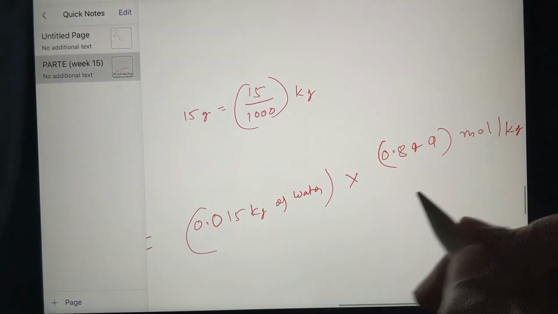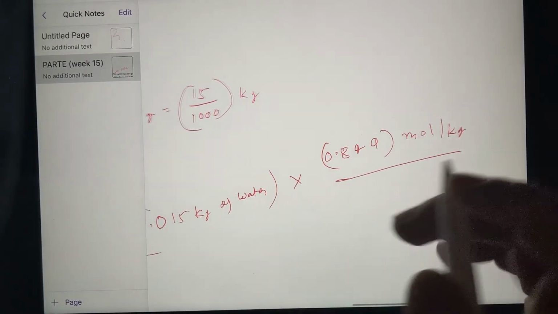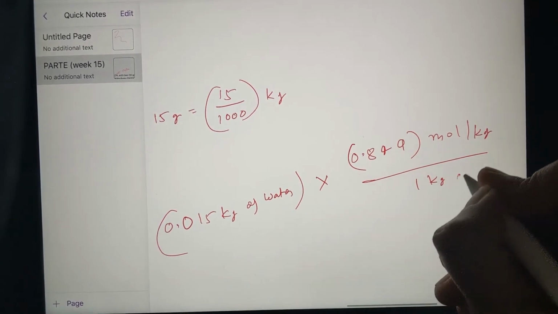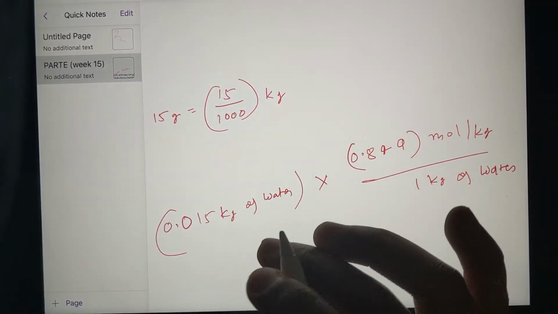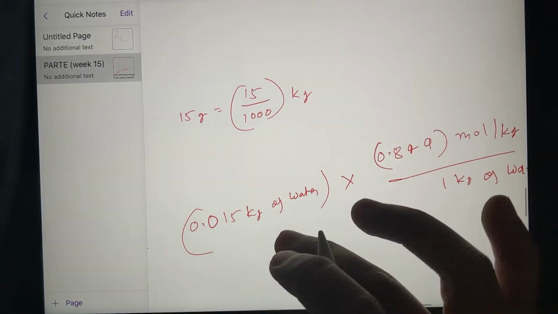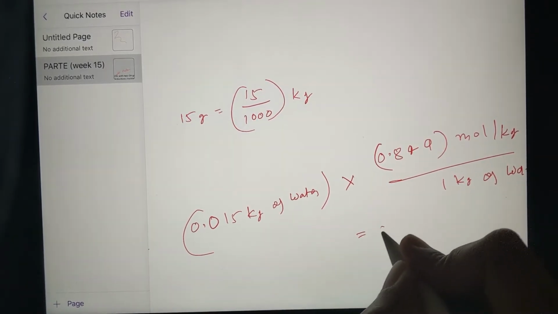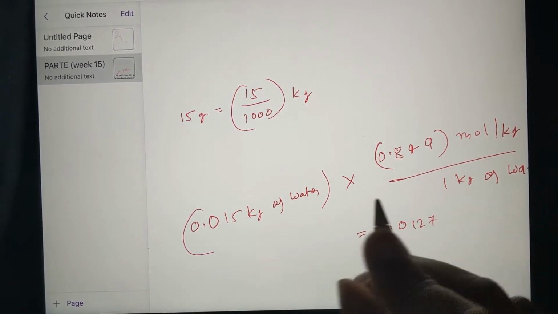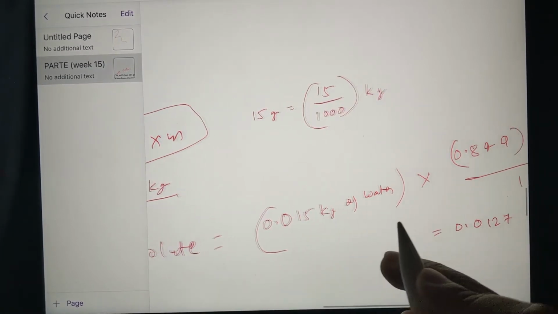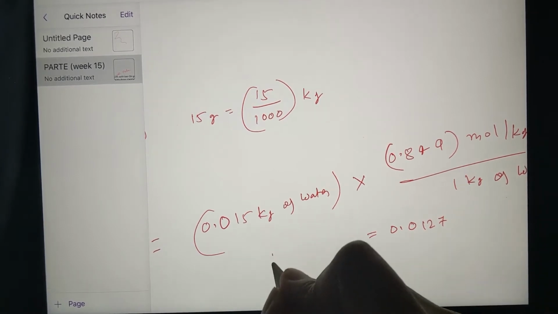Okay, so when you multiply this, you get 0.0127. So this is your amount of solute, or number of moles of solute.